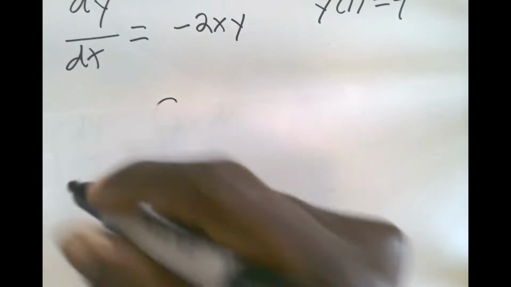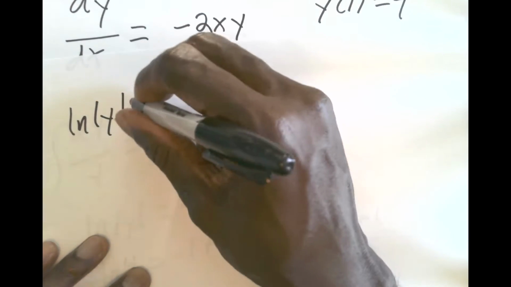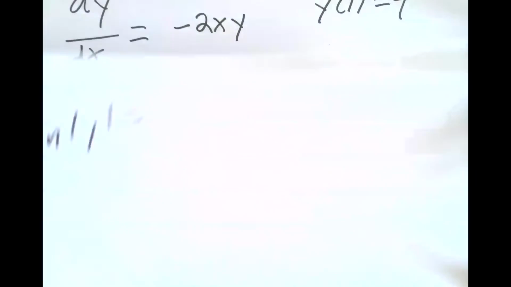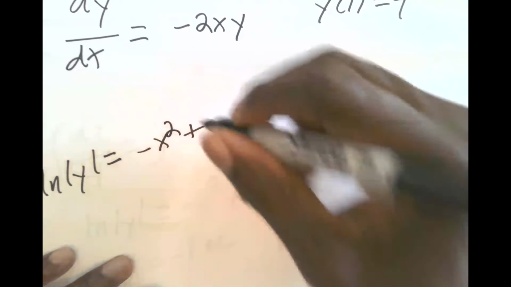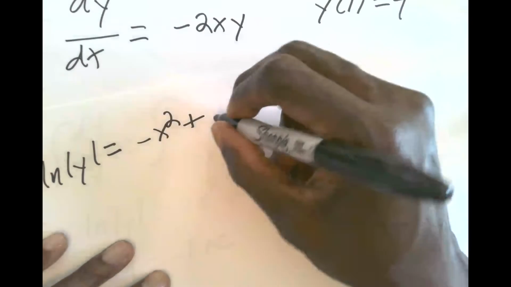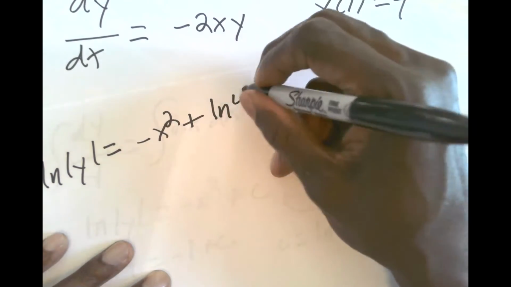So ln y equals -x squared plus ln 4 plus 1. All right.